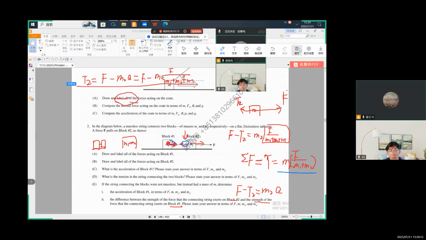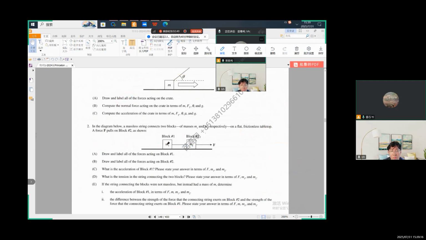T1 is gonna be the sigma F for m1, which is m1 times a, which is m1 times F over m1 plus m2 plus m. Then the difference is going to be this minus m2 times F over m1 plus m2 plus m.